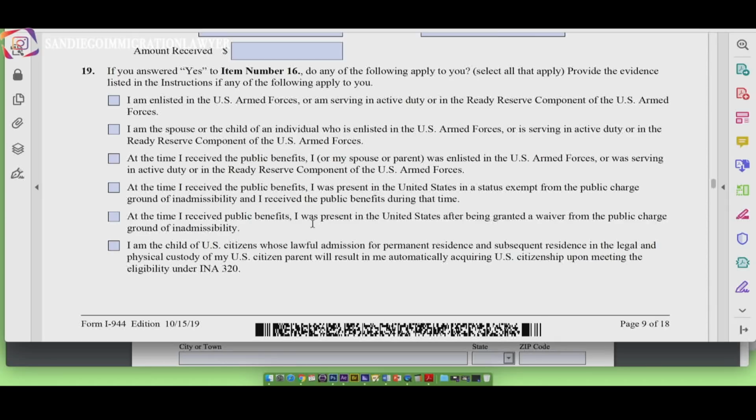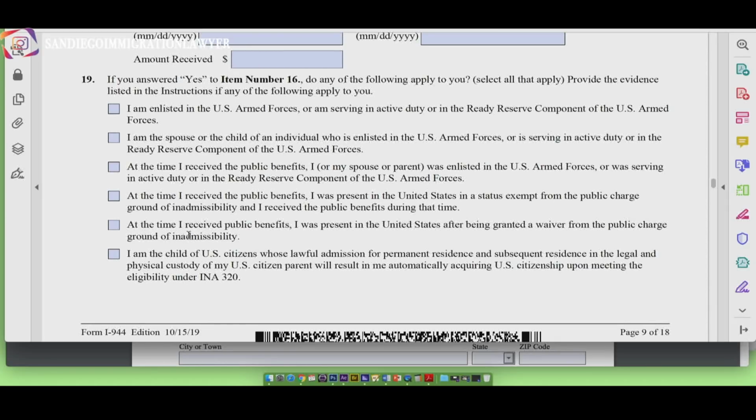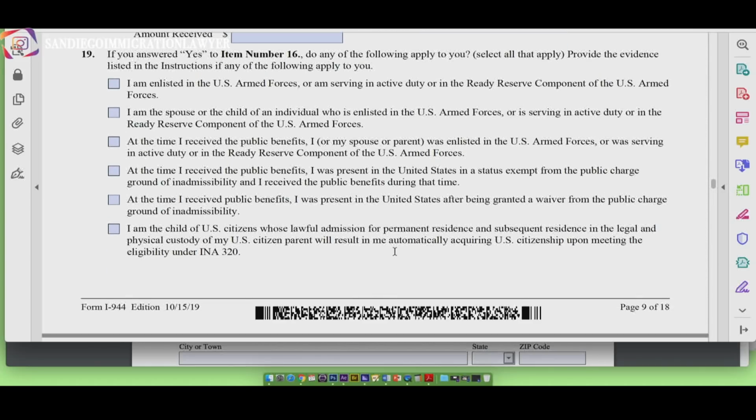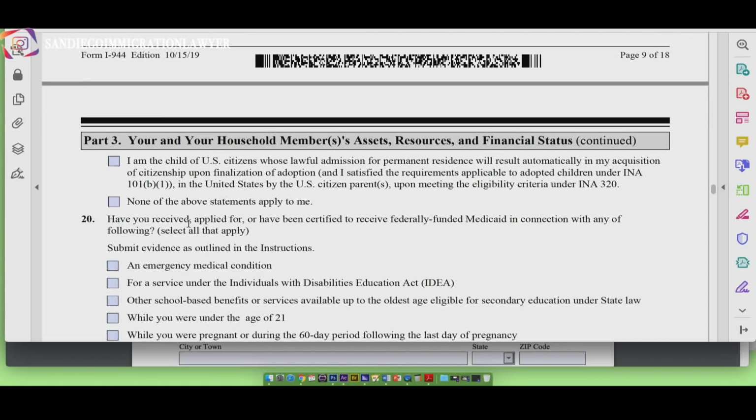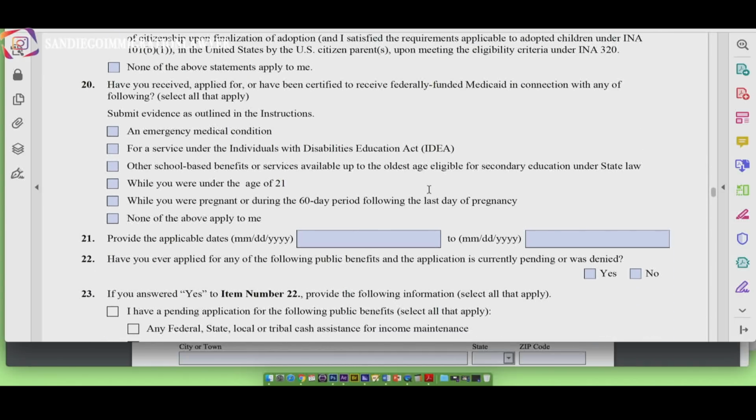Or at the time I received public benefits, I was present in the United States after being granted a waiver from the public charge ground of inadmissibility. Or I am a child of a U.S. citizen whose lawful admission for permanent residence and subsequent residence in the legal and physical custody of my U.S. citizen parent will result in my automatically acquiring U.S. citizenship. So there are additional questions here, and if you check off any of those questions, then you may not have any issues with the public benefits charge.